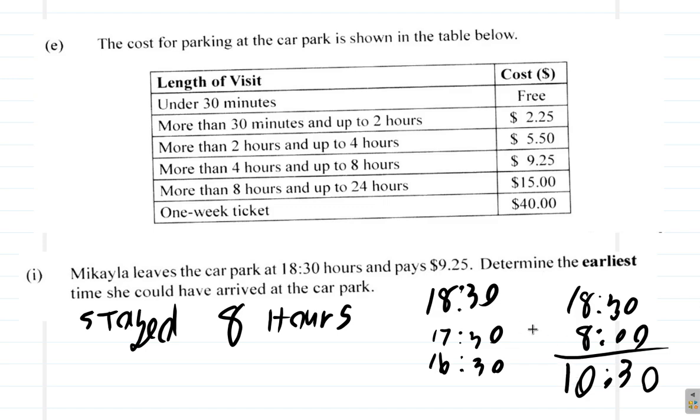So it's 10:30 hours. So she would have gone there at 10:30 hours, which is like 10:30 in the morning, and she left 6:30 in the evening. That's 18:30 hours. So the earliest time is 10:30 hours.